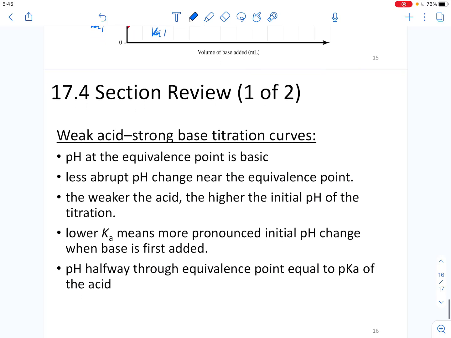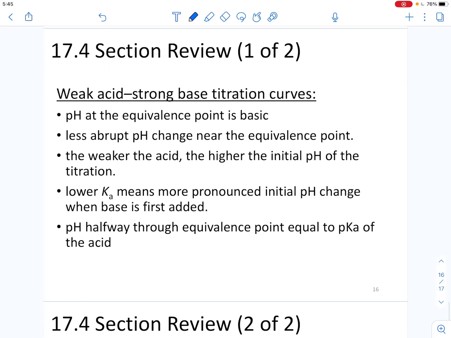So in review, if you are working with a weak acid strong base titration, things to remember: the pH at the equivalence point is basic, and that is because the conjugate base controls the pH at that point. There is a less abrupt pH change near the equivalence point, and sometimes if the acid is very weak, it makes it difficult to detect the equivalence point.